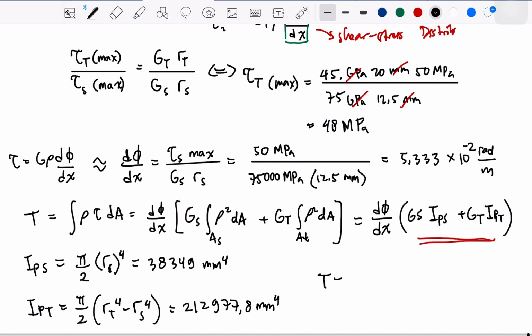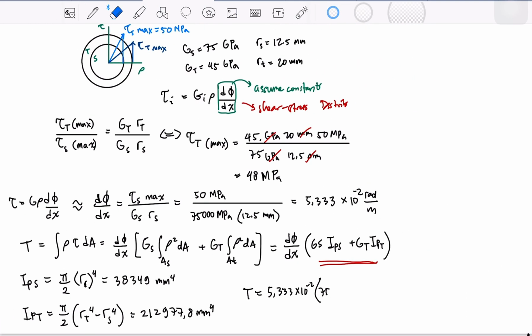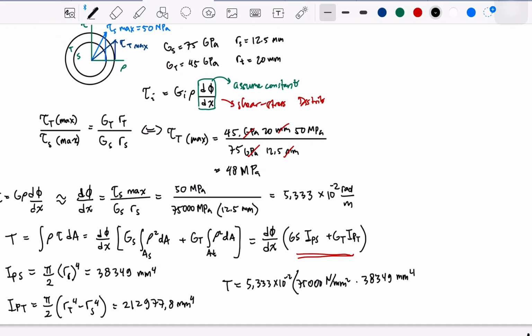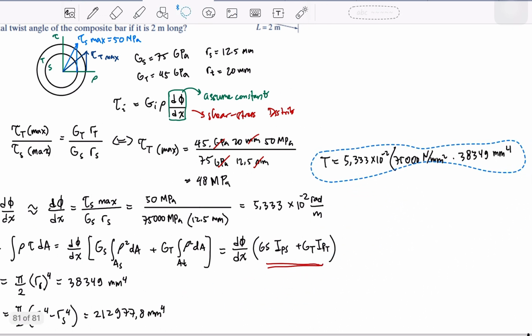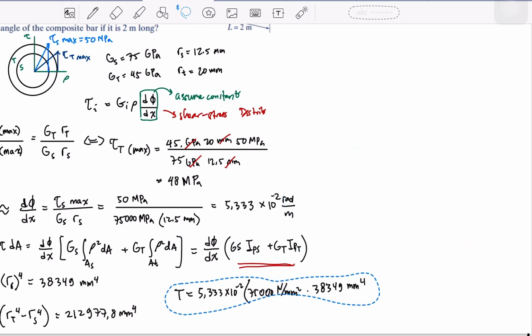And then T now becomes the multiplication of all these components: 75 GPa, or maybe we write it in MPa.